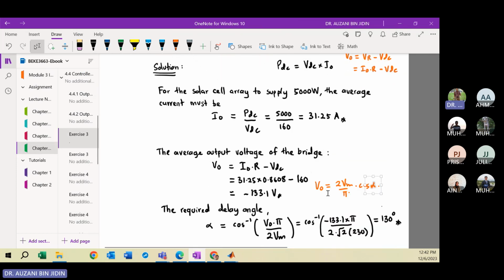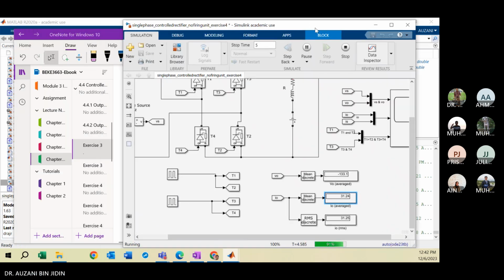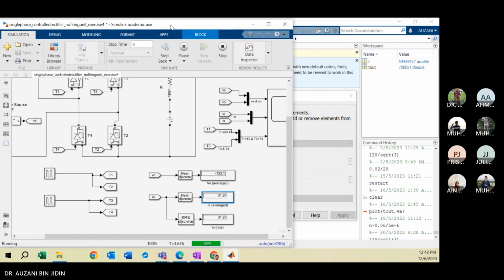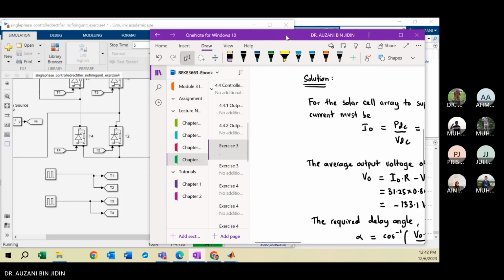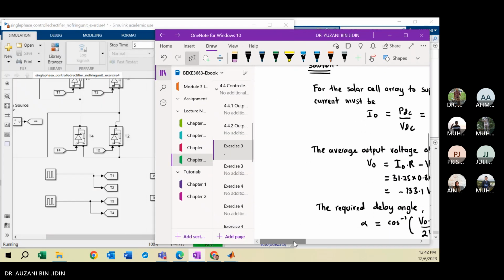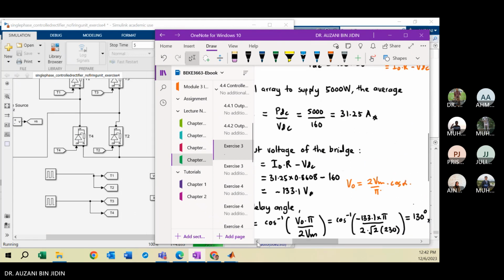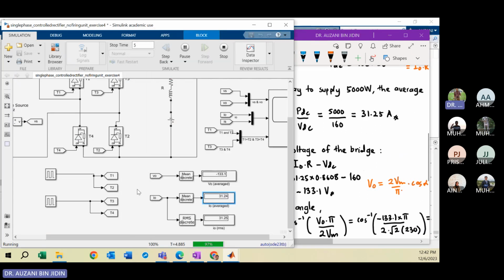Your VO is minus 133.1, exactly the same. The output current is 31.25 in the calculation, here 31.24. Almost similar.